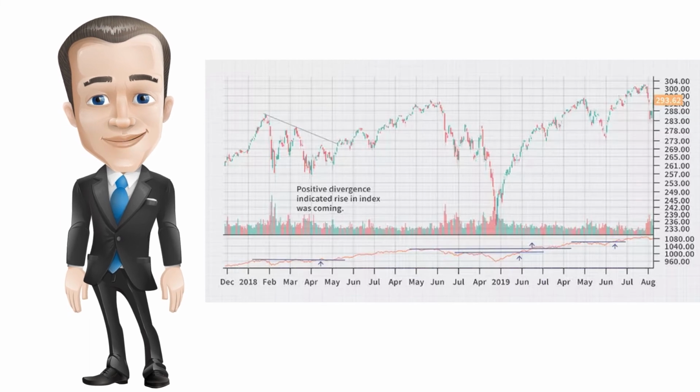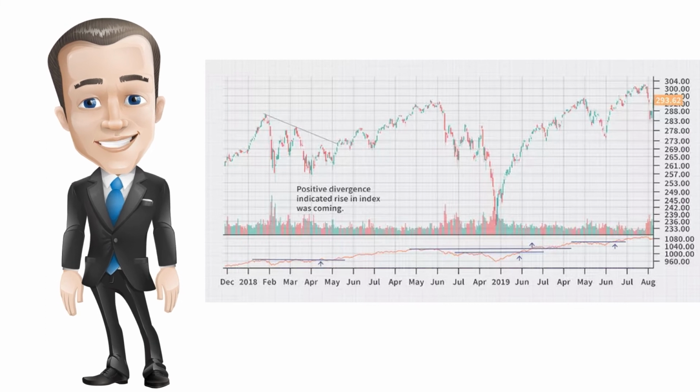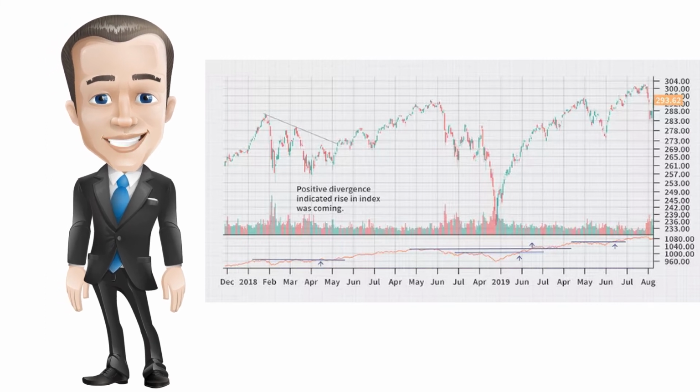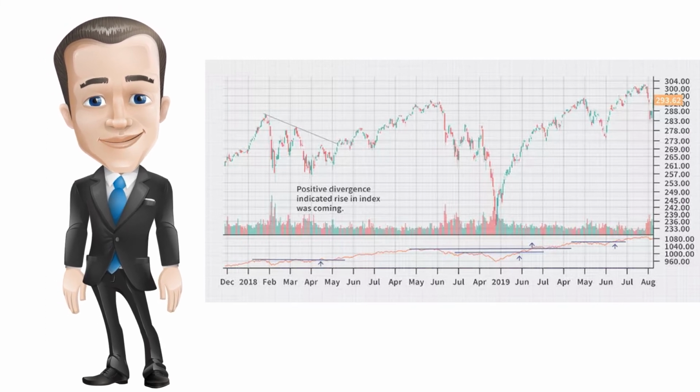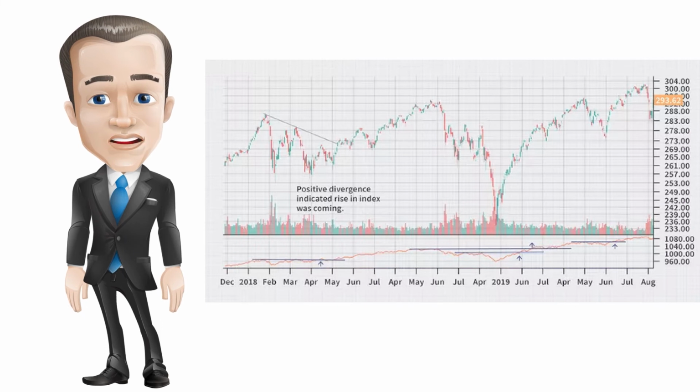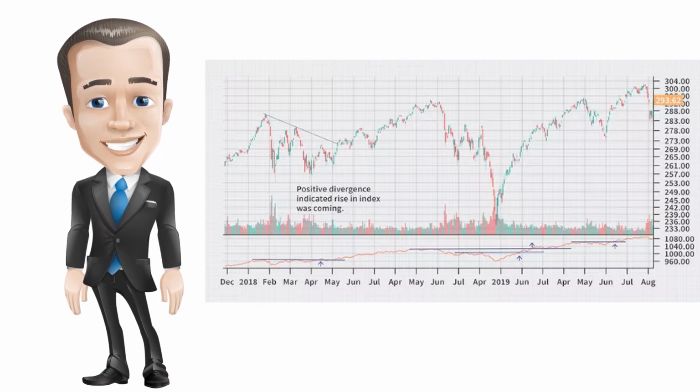Breadth of market theory example. The S&P 500 could be compared with the New York Stock Exchange AD line to monitor underlying strength or weakness. The New York Stock Exchange AD line is looking at all stocks listed on the New York Stock Exchange, while the S&P 500 is only tracking a select group of 500 stocks. The New York Stock Exchange AD line provides a broader measure of how stocks are doing.